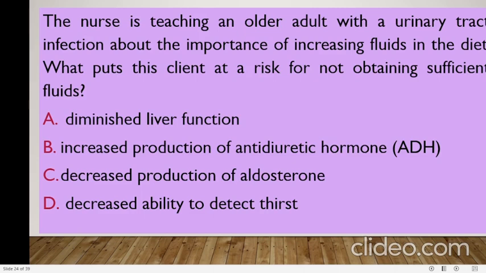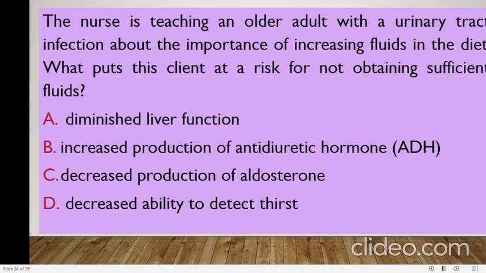B: Increased production of ADH? This one is found in syndrome of inappropriate antidiuretic hormone secretion, and in that case they'll have dilutional hyponatremia. So it may not be the case. I don't agree with A and B.